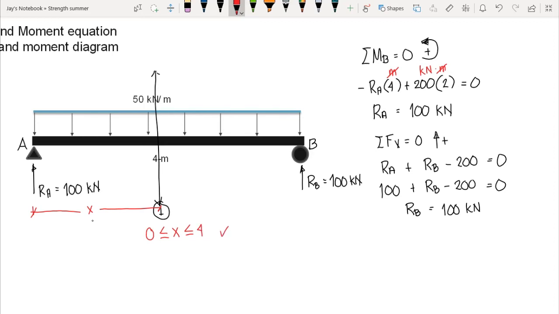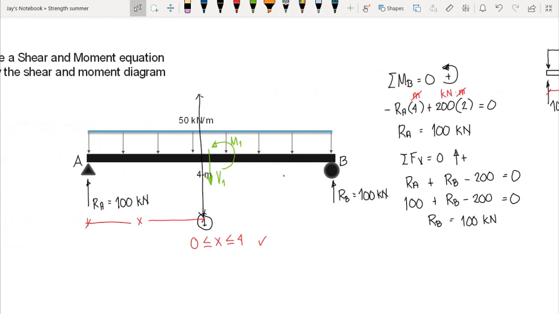This is valid since again we have a continuous beam from 0 to 4 meters. So we can cut this one, and once we cut this, we have internal shear, let's say that's our V, and internal moment at any point in our beam. Let's say that's our shear 1 and moment 1.